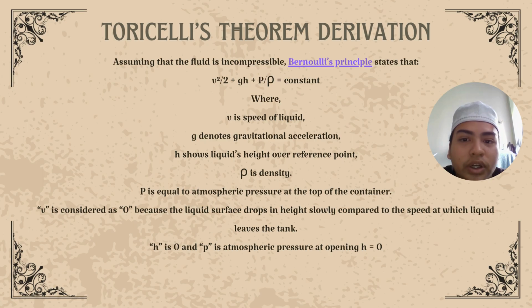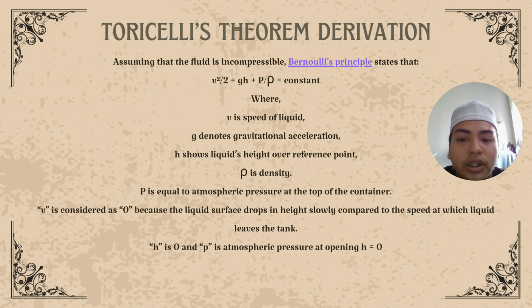This is how we derive the Torricelli's theorem equation. Assuming that the fluid is incompressible, Bernoulli's principle states that v squared over 2 plus gh plus p over rho equals a constant, where v is the speed of the liquid, g denotes gravitational acceleration, h is the liquid's height over a reference point, rho is density, and P is atmospheric pressure at the top of the container.